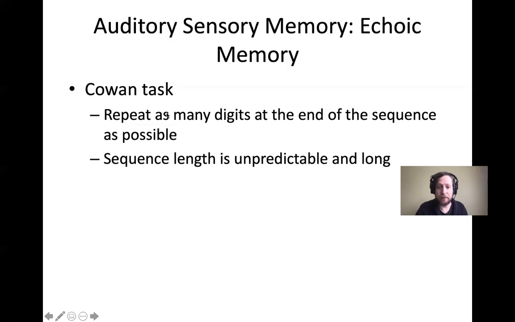Once I'm done saying the sequence, write down as many of the digits at the end of the sequence as possible. And the goal is to remember as many of the numbers at the end of the sequence as possible. So let me write down some of the sequence here.